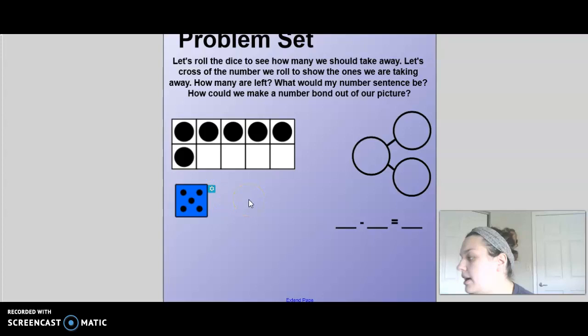I am so glad you're back. Okay. So we have our whole, which is 6. I'm going to do my number bond first. Minus how many I took away. 1, 2, 3, 4, 5. So I'm going to cross out 5.